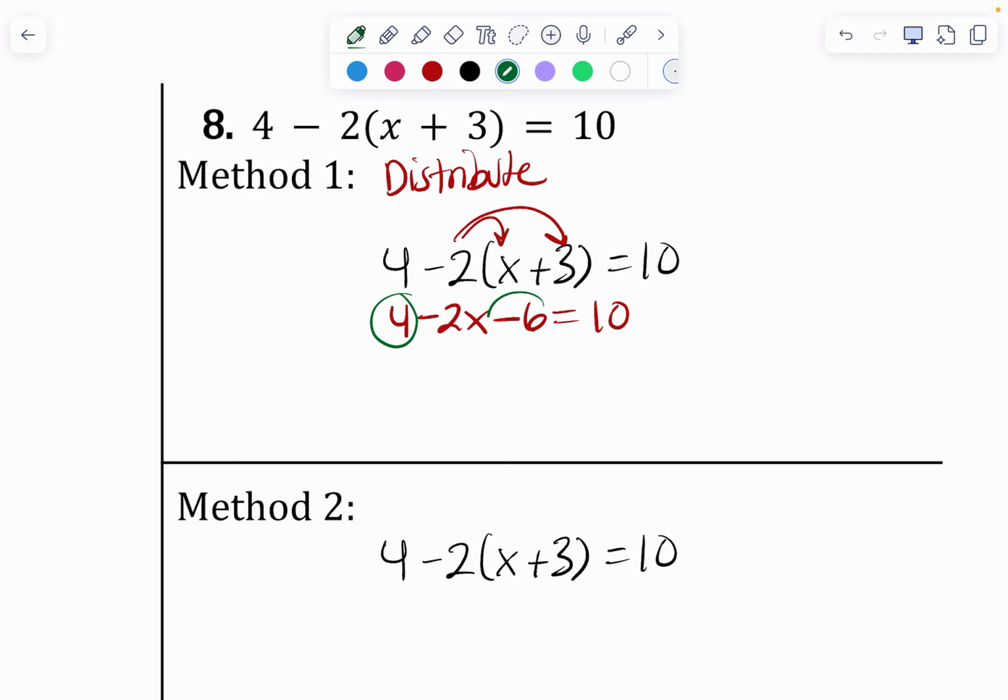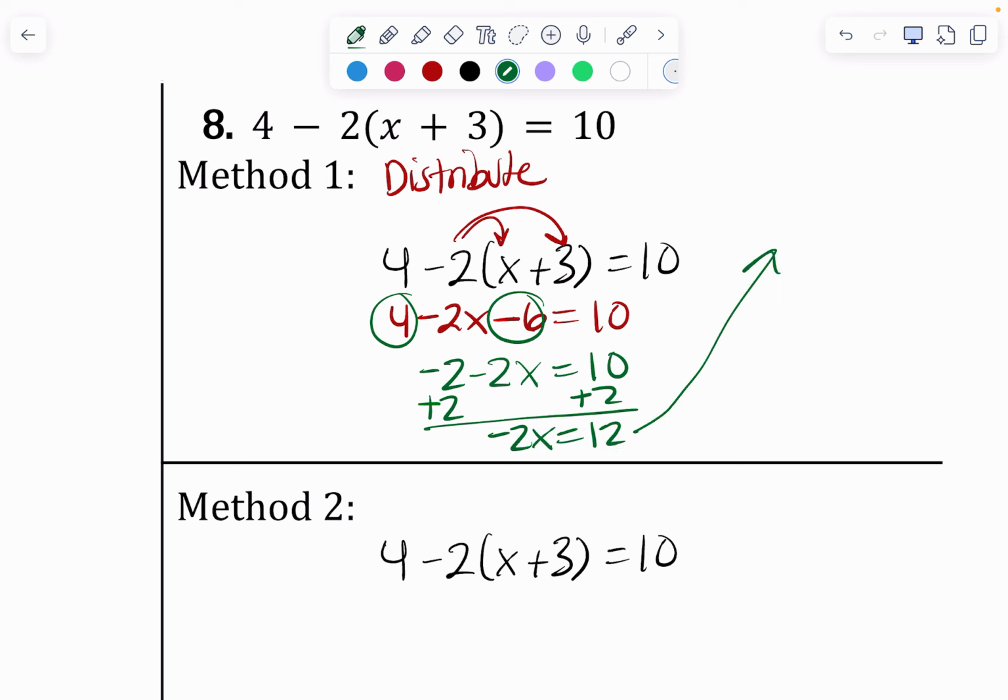I'm going to combine like terms. 4 minus 6 gives you negative 2, minus 2x is equal to 10. Get x by itself by adding 2 to both sides. Negative 2x is equal to 12. I'm going to divide by negative 2 to both sides, and I get x is equal to negative 6.